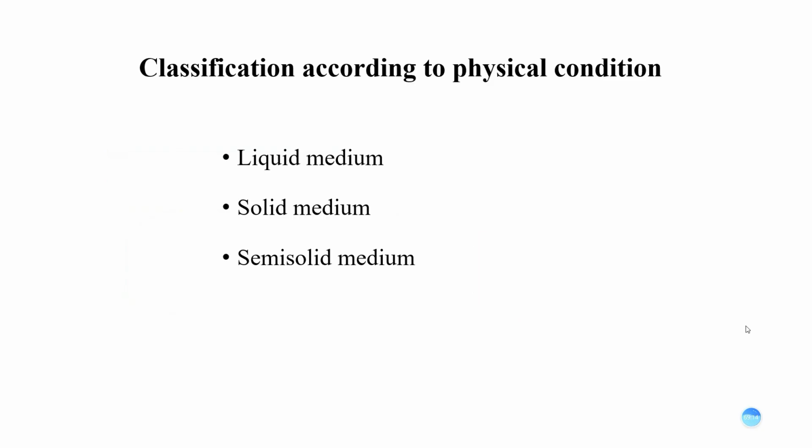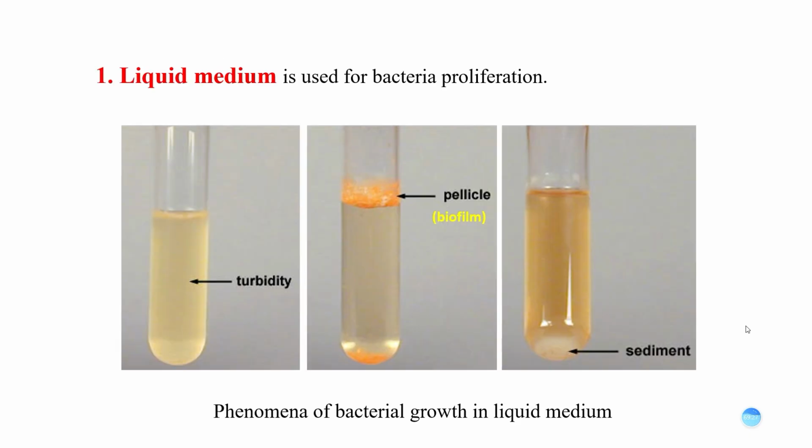Okay, if we classify the medium according to their physical state, there are three types: solid medium, liquid medium, and semi-solid medium. Okay, liquid medium, it's easy to understand.